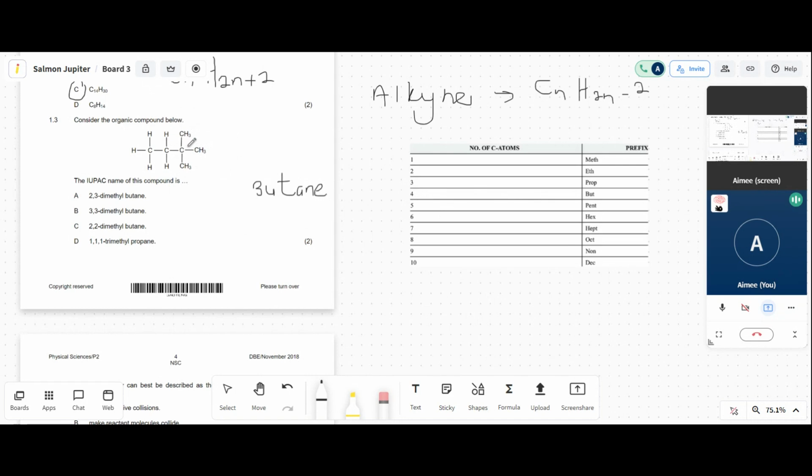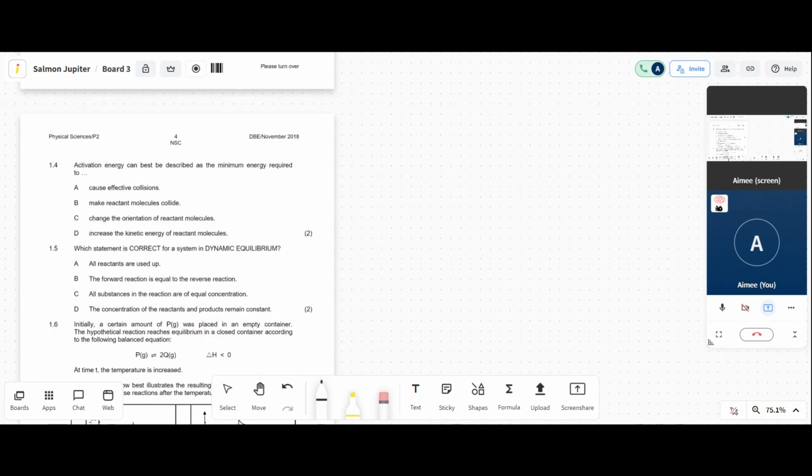Okay, now if you know the official definition of activation energy, this one should be easy for you. Activation energy is the minimum energy required to cause effective collisions. It's immediately A, because if you knew the definition, that would immediately be your first choice.